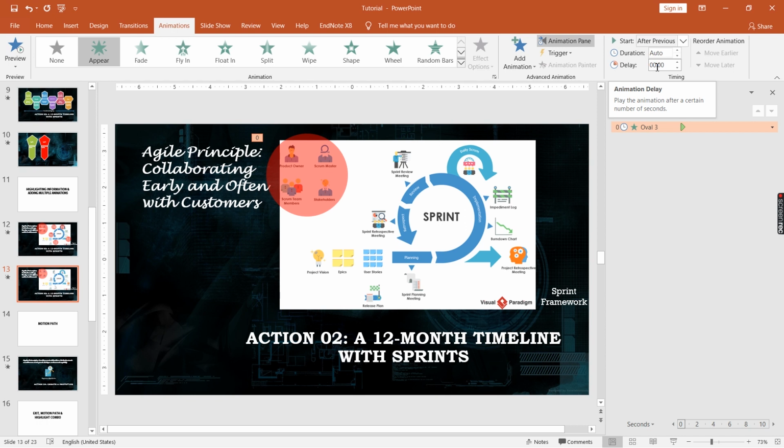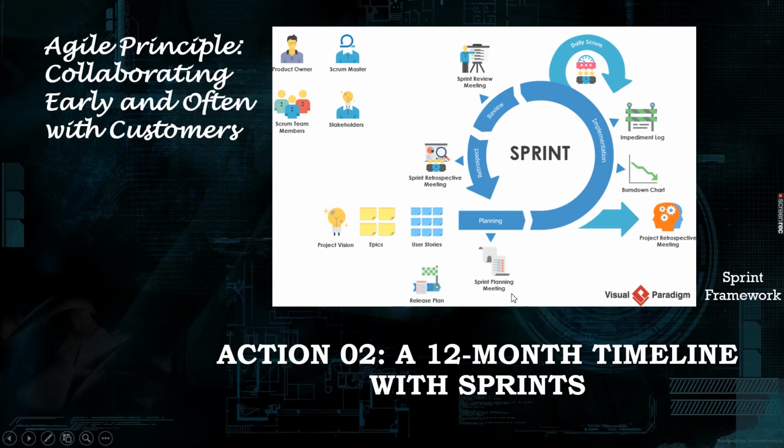So if, for example, Krunal talked about small teams 2 seconds into his presentation, then I would put in 2.00, that's 2 seconds. So when I press enter, now if I go here, it comes up after 2 seconds.